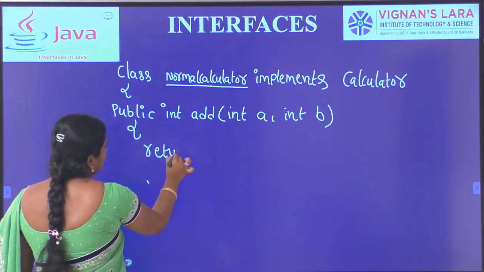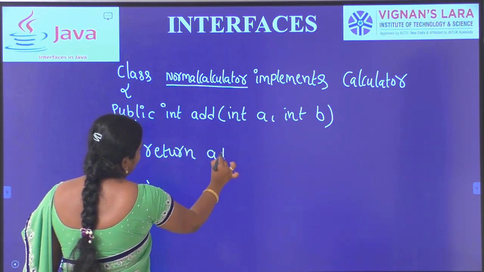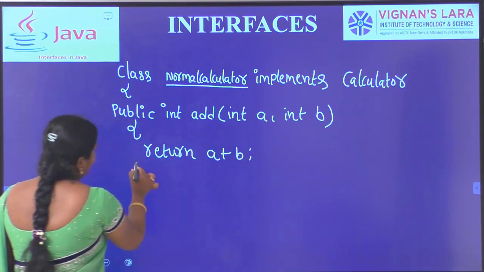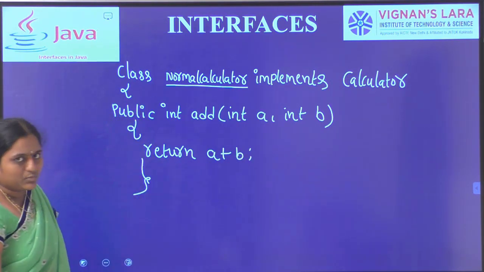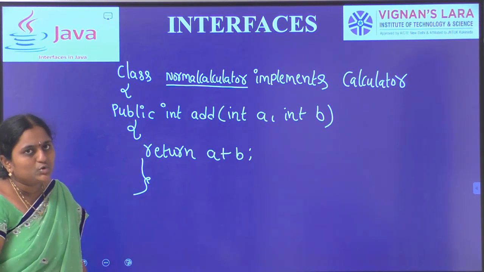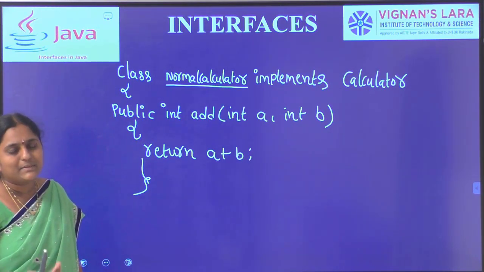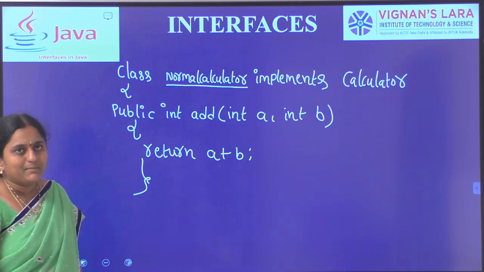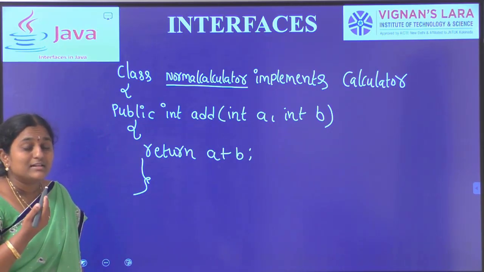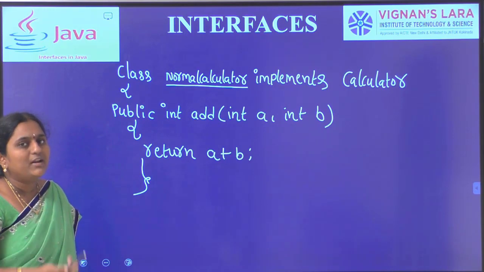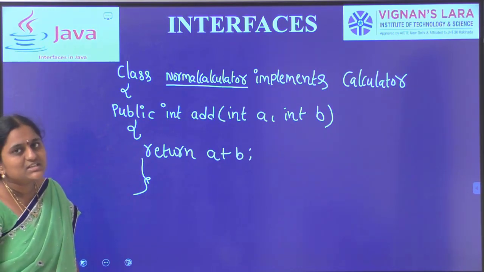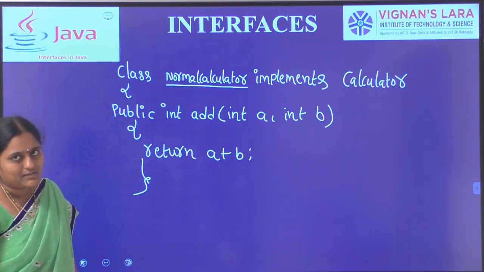It returns a plus b. Here we close the method body. In a similar way we need to provide the bodies for the sub method, multiply method and divide method. It is the responsibility of the user to provide all the method implementations of the corresponding interface.